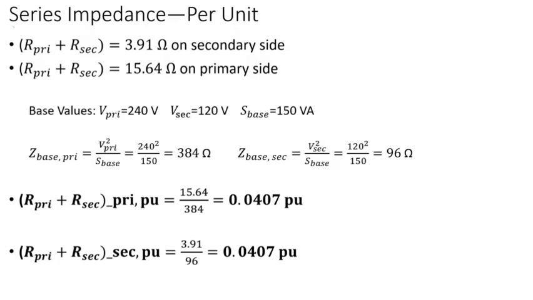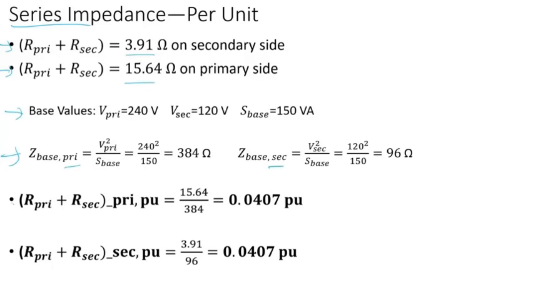So now we will calculate the per unit for the series impedance. We calculated the resistance is 3.91 ohms on the secondary side, and on the primary side we got 15.64 ohms, and we have the same base impedance, primary and secondary.